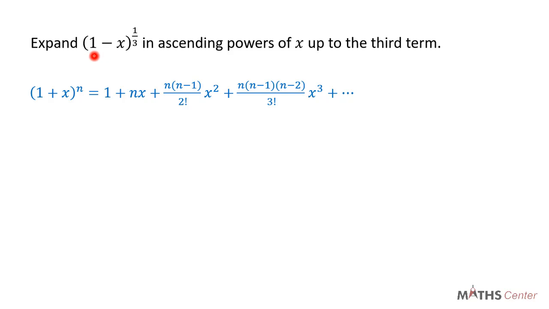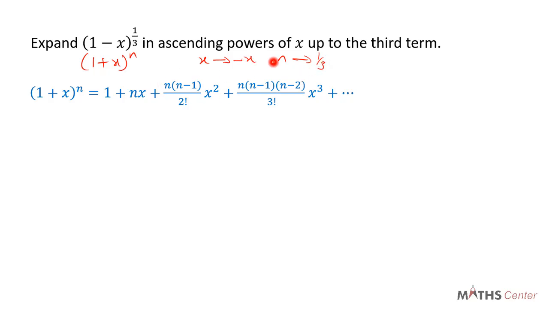Now, by comparing 1 plus x exponent n to 1 minus x exponent 1 divided by 3, we can see that 1 is 1. The second term, which is x here, is negative x in the binomial expression here. And the exponent, which is n, is 1 divided by 3.